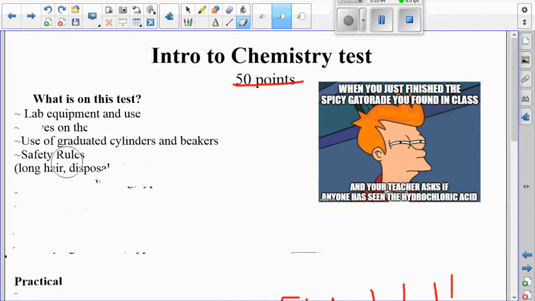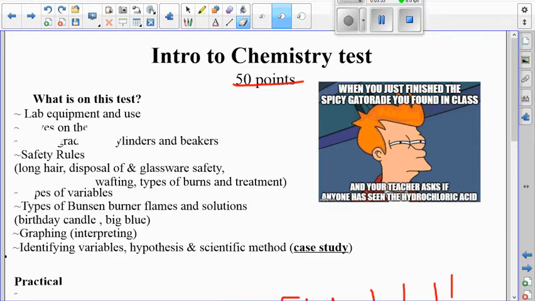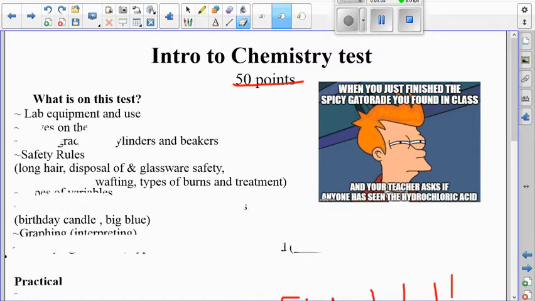So things like long hair, disposal of chemicals, of glassware, safety, how do you waft, different types of burns, and what do you do with them, all that good stuff. You'll need to know your types of variables, okay? So dependent, independent, control, all that good stuff will still be on there.